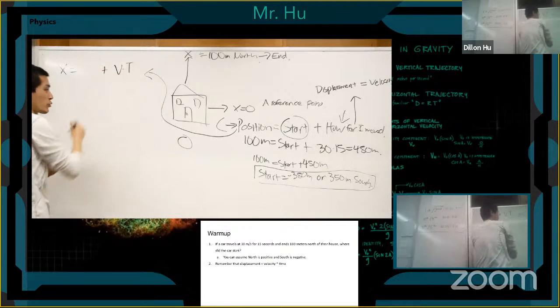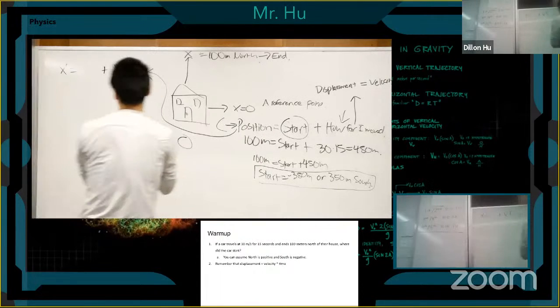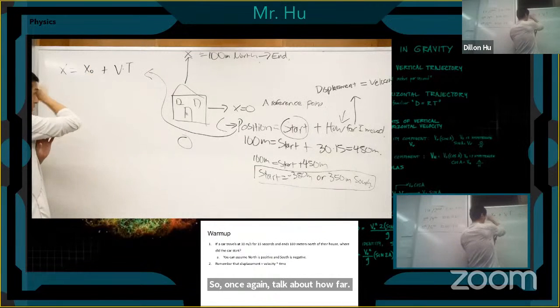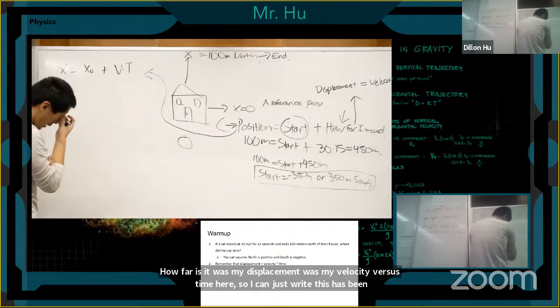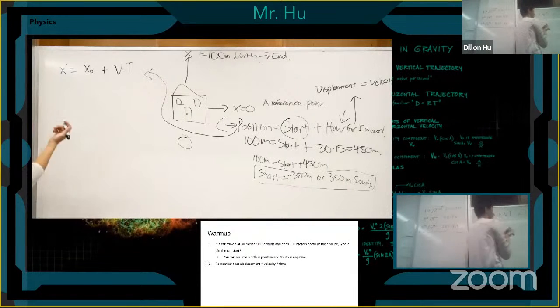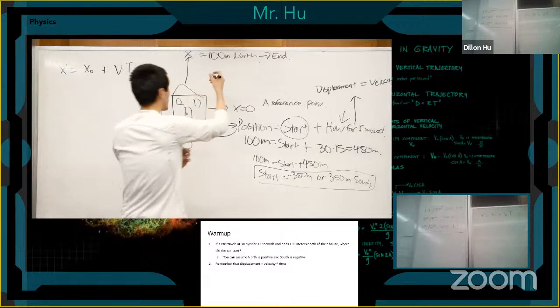Last but not least, we need to express our starting position. I'm going to express it with a variable x naught. This is a subscript. Again, this does not mean x times 0. A subscript is like a little label for a variable. I know I've done this previously, but I'm going to do it again because I think it's very important to understand what a subscript is.